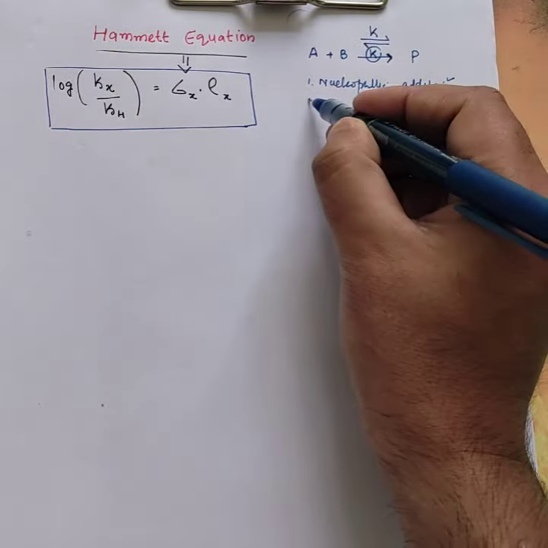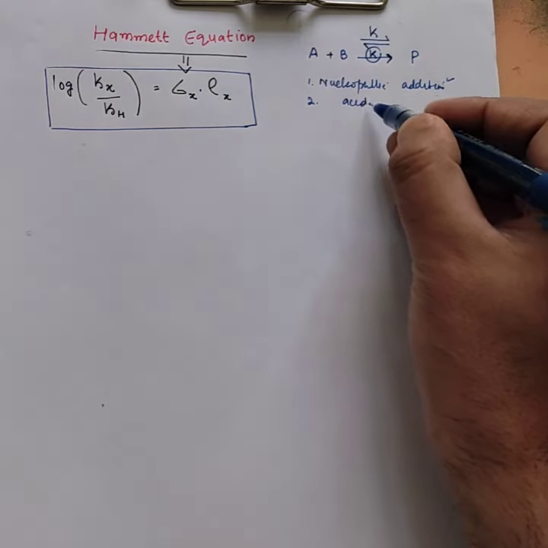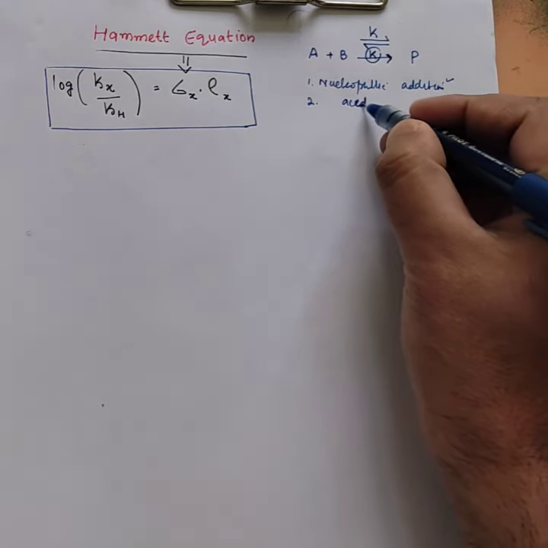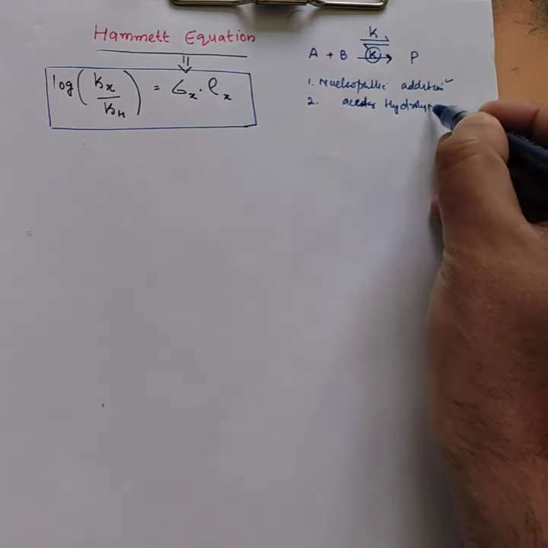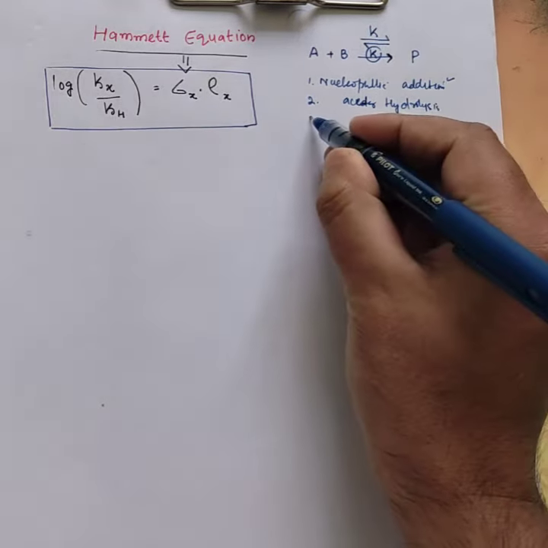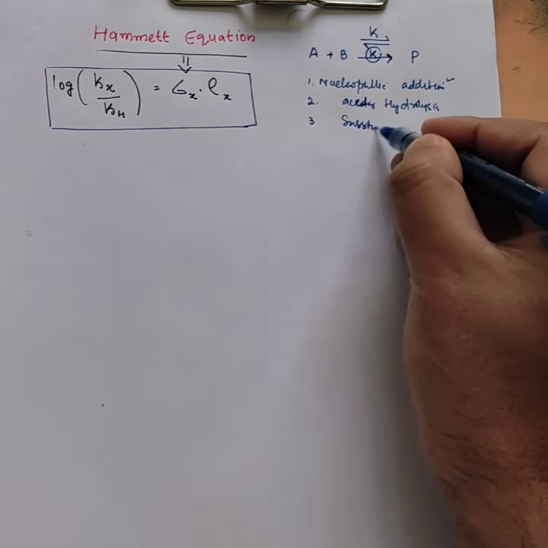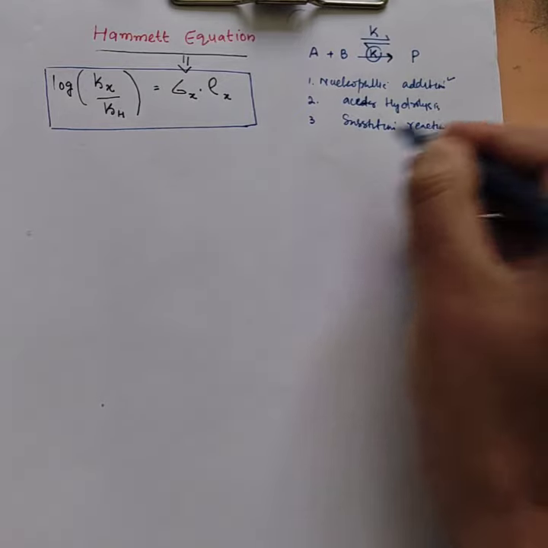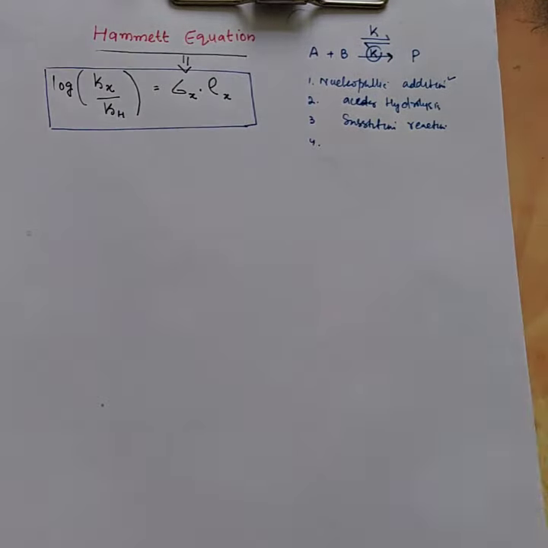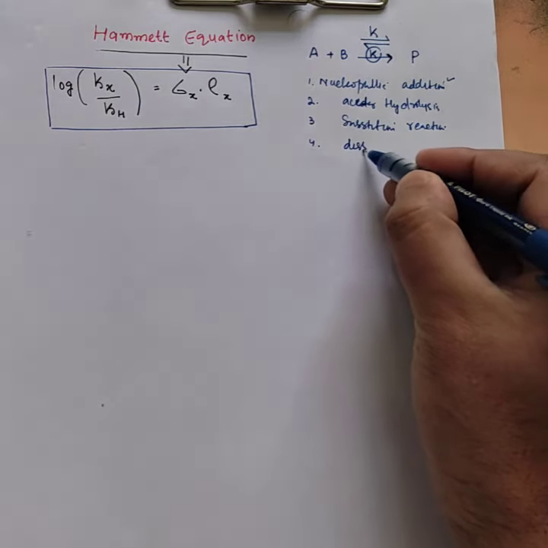There are reactions like ester hydrolysis. Then we have substitution reactions, and then we have, for example, if it's a carboxylic acid, dissociation reactions.